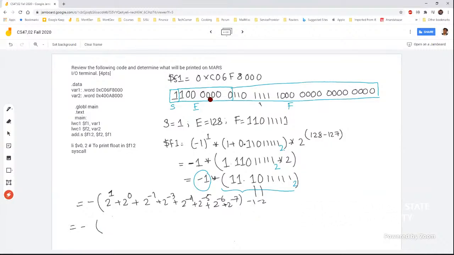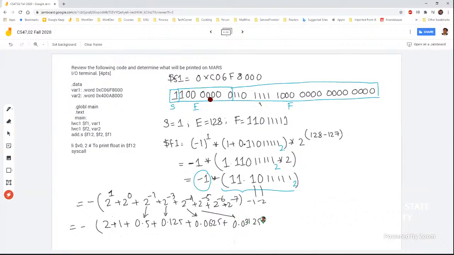I have somewhat pre-calculated it in my notes. Okay, so this is 2 plus 1 plus 0.5 plus 0.125. So this is 0.5, 0.125, then 2 to the power -4 is 0.0625, 2 to the power -5 is 0.03125.